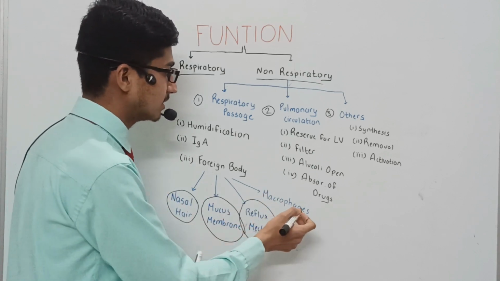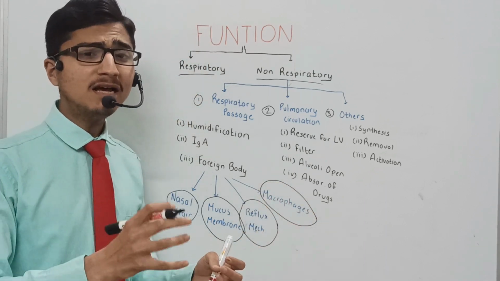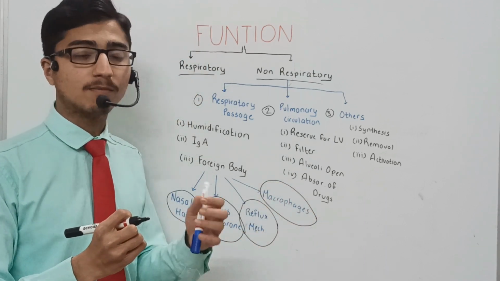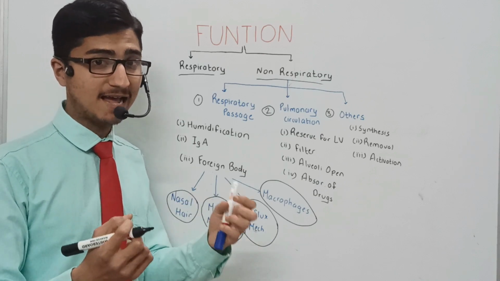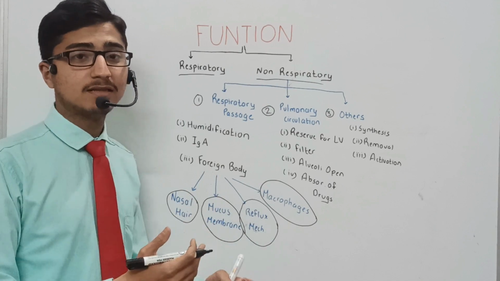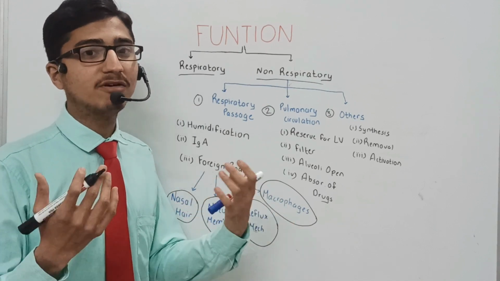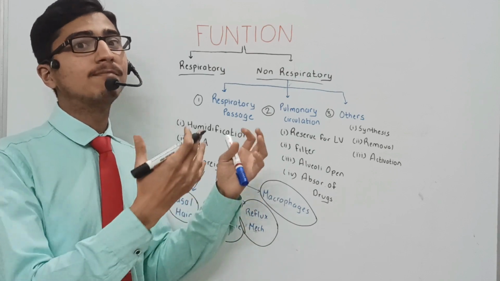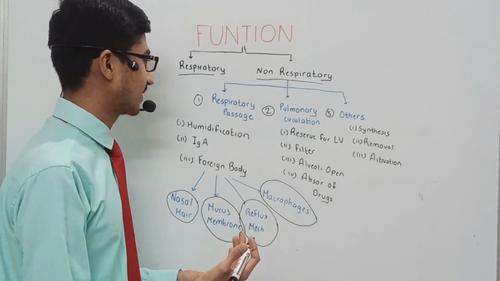Last one is the alveolar macrophages. They will engulf the microorganisms or microparticles and they will destroy them. And hence, in this way, these foreign particles will be moved out of the body and our body is protected by the non-respiratory function of the respiratory system.